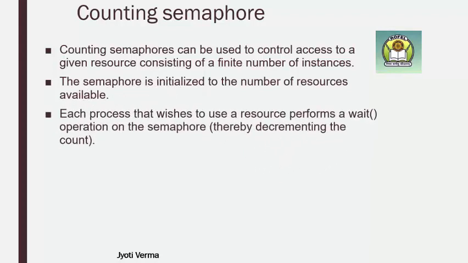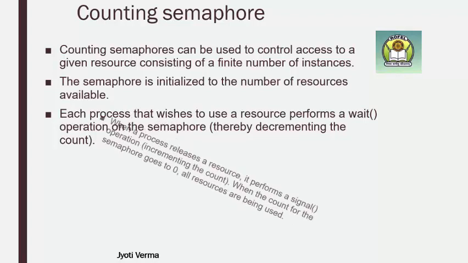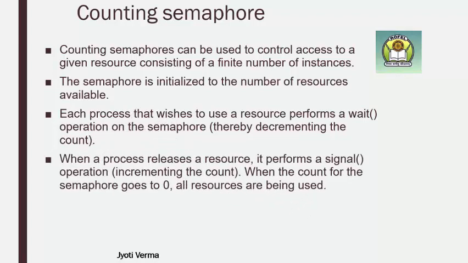Each process that wishes to use the resource performs a wait operation on the semaphore, thereby decrementing the count. Every time a process enters the critical section, it will fire the wait operation. When a process releases a resource, it will fire the signal operation, that means incrementing the count.